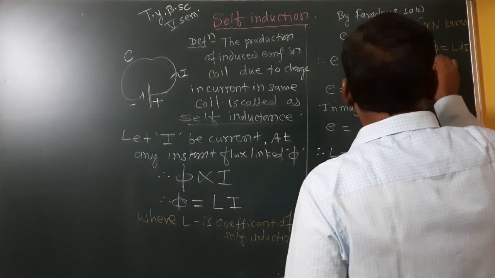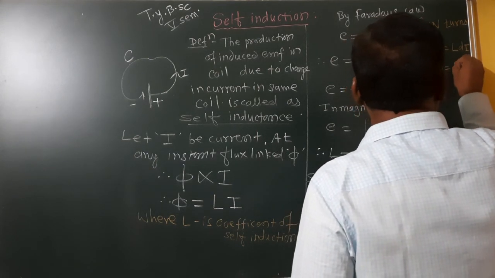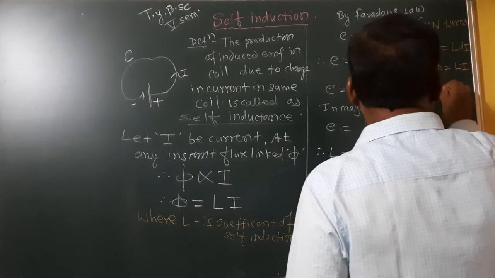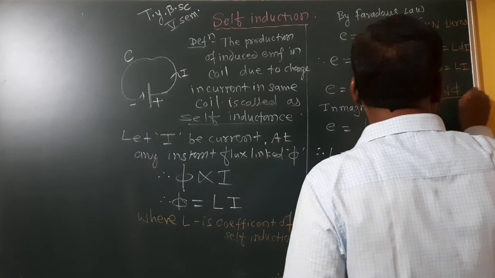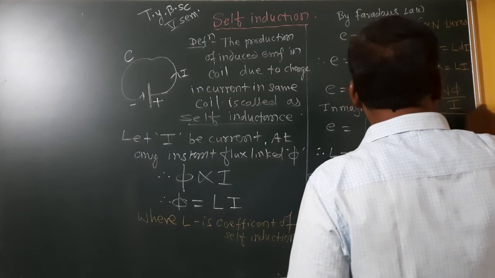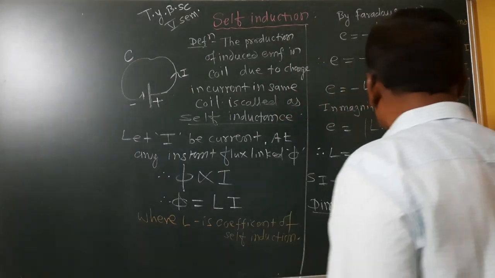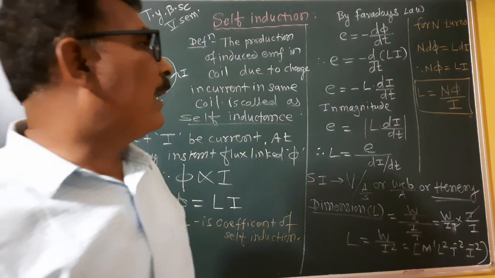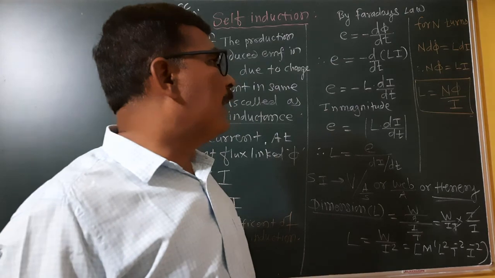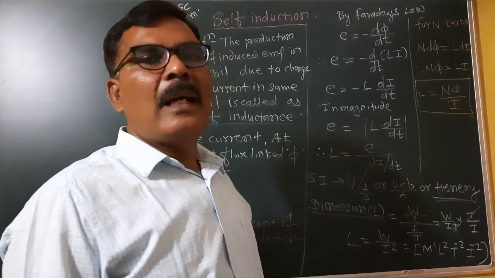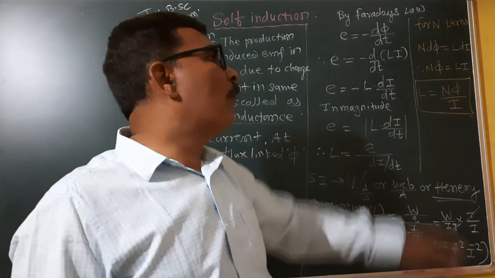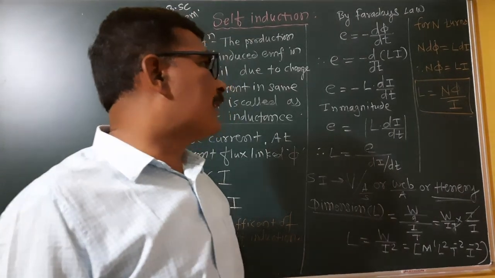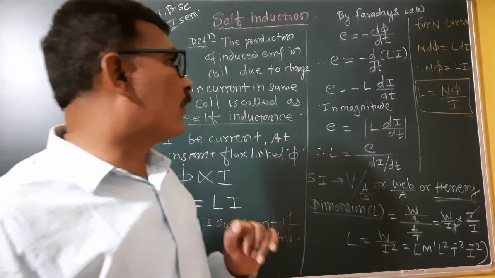Therefore, N phi is equal to L into I. And finally, L is equal to N into phi divided by I. This is a very important formula for self-inductance. L is the inductance and N is the number of turns. Phi is the magnetic flux and I is the current flowing through the coil.